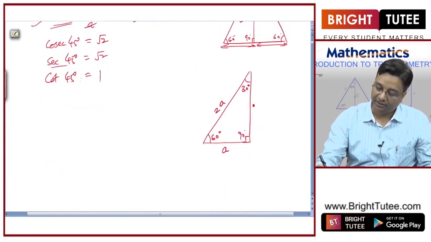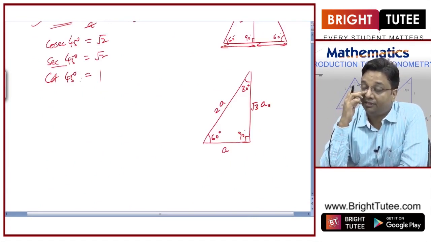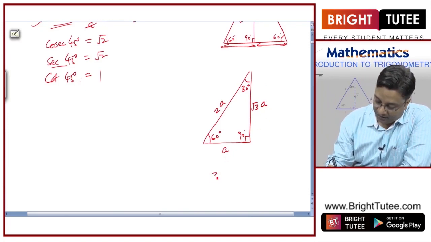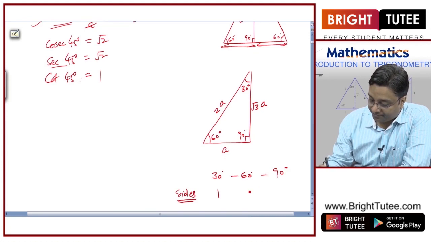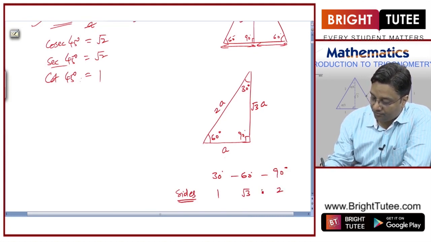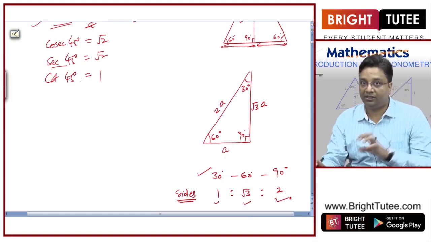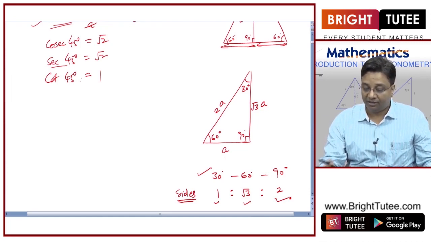So in a 30, 60, 90 triangle, sides will always be in the ratio 1 is to root 3 is to 2, right. The side opposite to 30 is 1, the side opposite to 60 will be root 3 and the side opposite to 90 will be 2. So this ratio will always be maintained in a 30, 60, 90 triangle. I hope you have understood this concept.